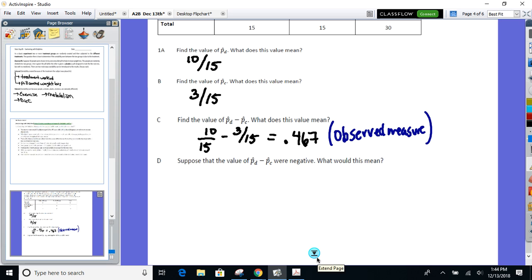Everyone agree? What if it came out to be 0? There's no difference, right? And that would be done with the study. There's no difference. But if it were negative, that would mean more in the control group experienced less depression than the dolphin group.